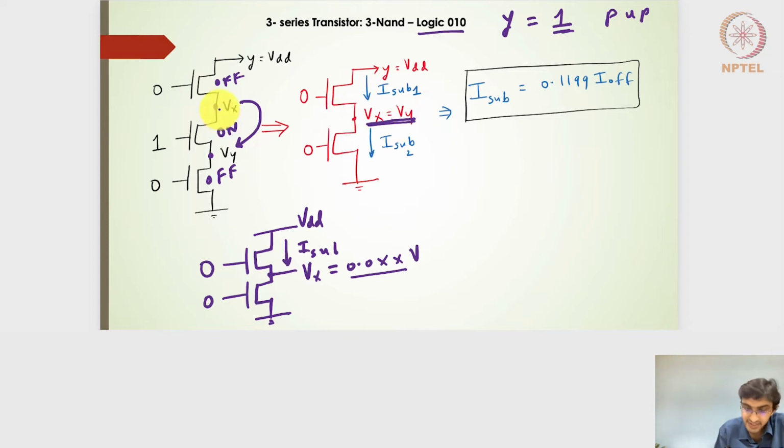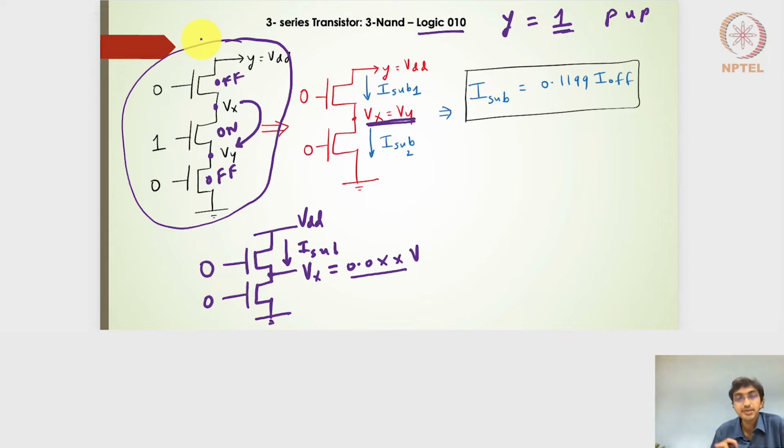If I consider these two node voltages as the same, then I can take the three stacked transistors, in which the middle transistor is on, and make it an equivalent of two transistors, taking out the on transistor and equating the node voltage Vx to Vy. These two off transistors will be stacked.